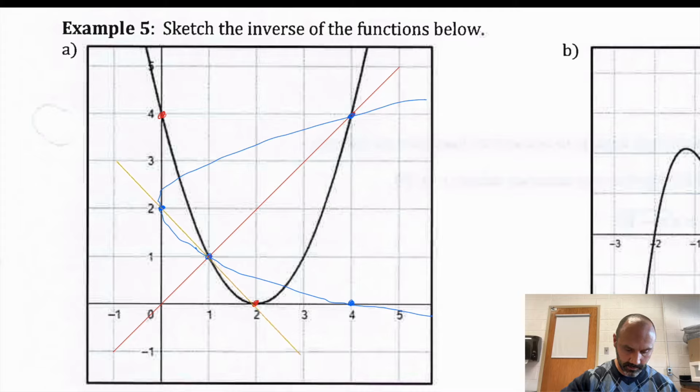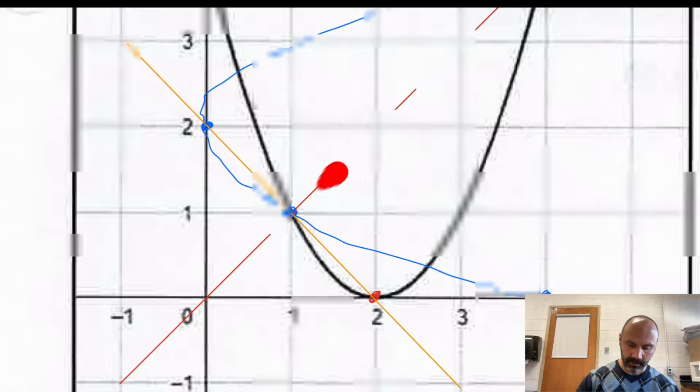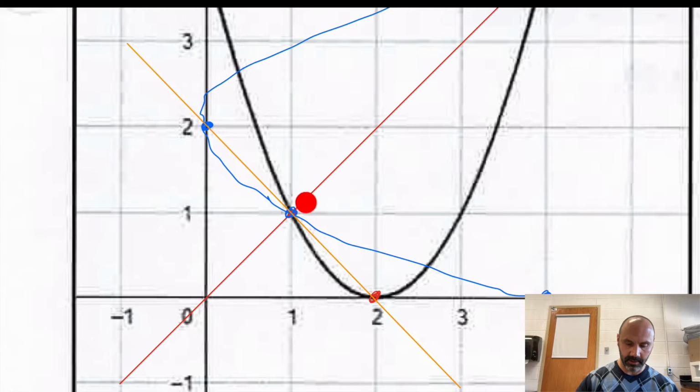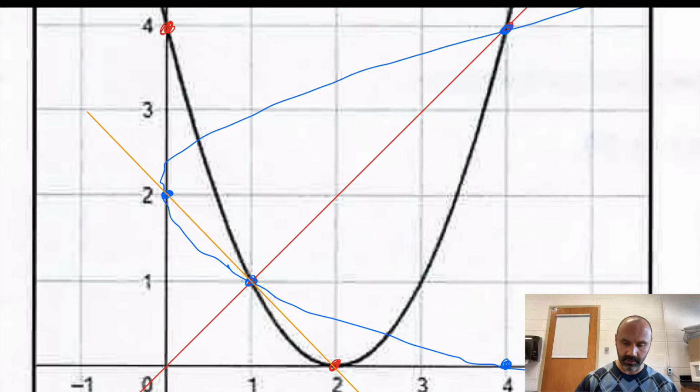This orangey line is perpendicular to the y equals x line, and this point is one diagonal away, so the inverse of this point is going to be one diagonal away, but over on this side. So equal distance to the y equals x line, but on the other side of that line. So same thing over here too.